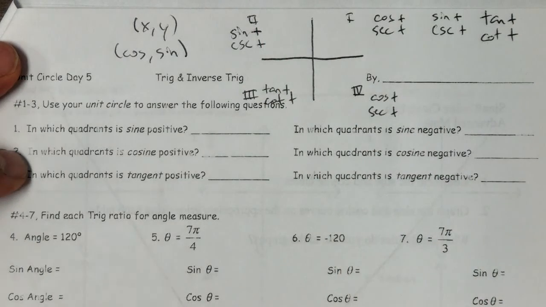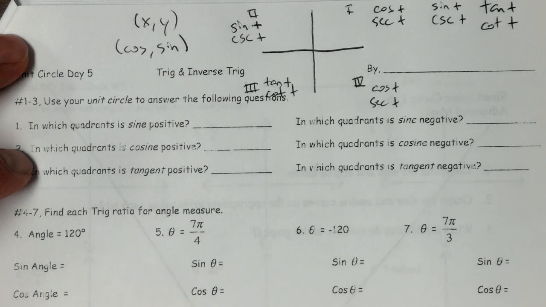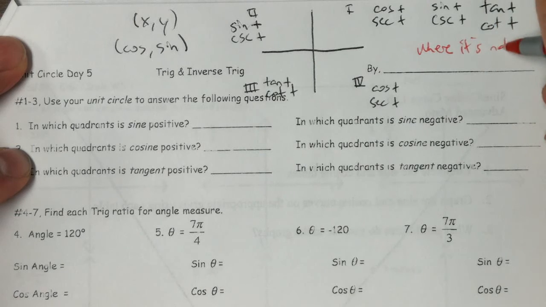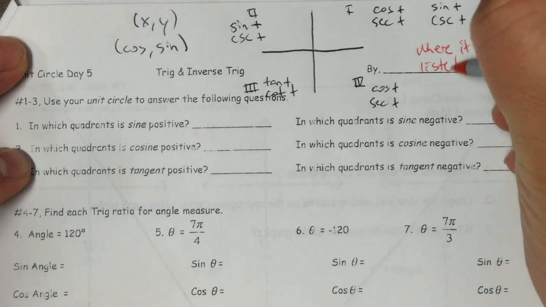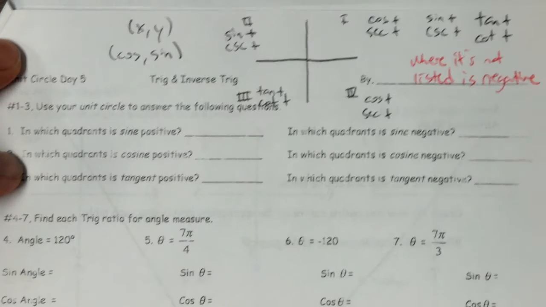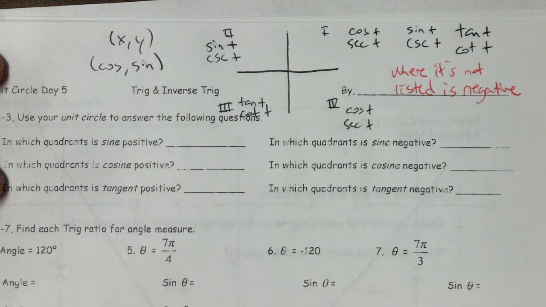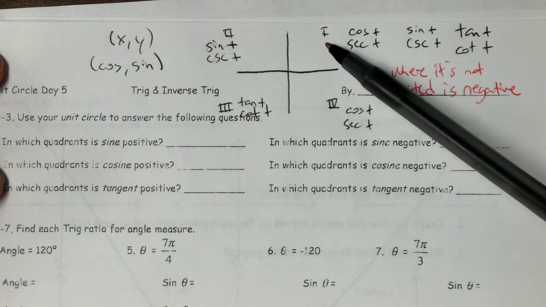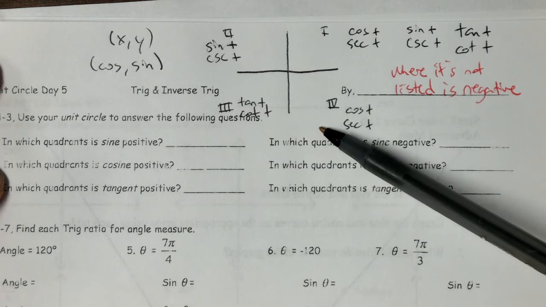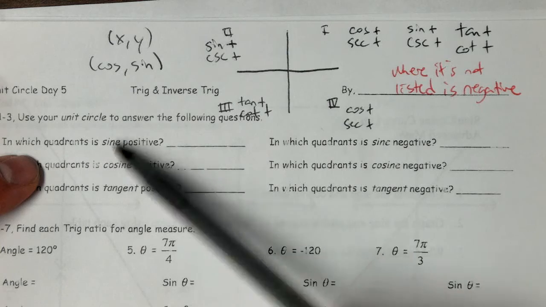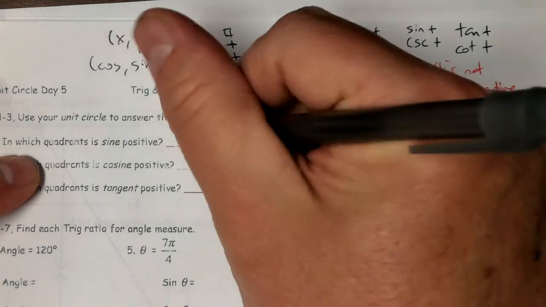So then I'm just going to write, where it's not listed is negative. So, for example, if sine is positive here and here, then sine is negative here and here. Okay, so for our question, in what quadrants is sine positive? It's 1 and 2.